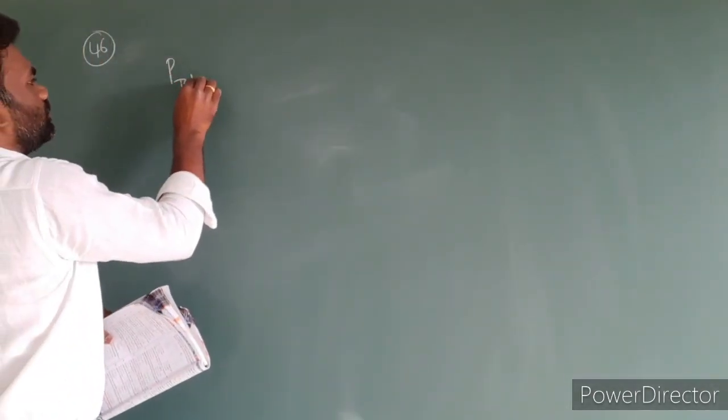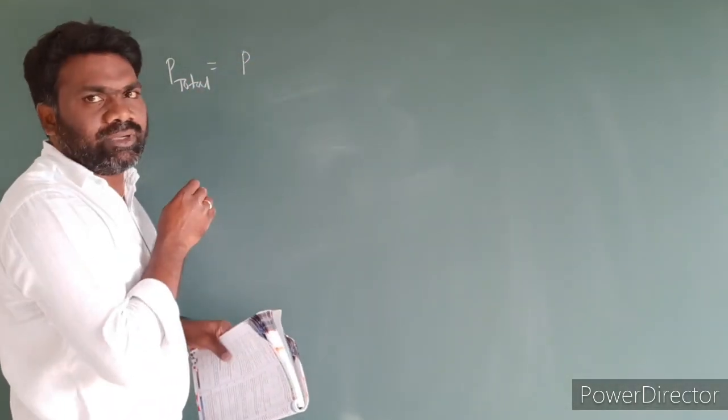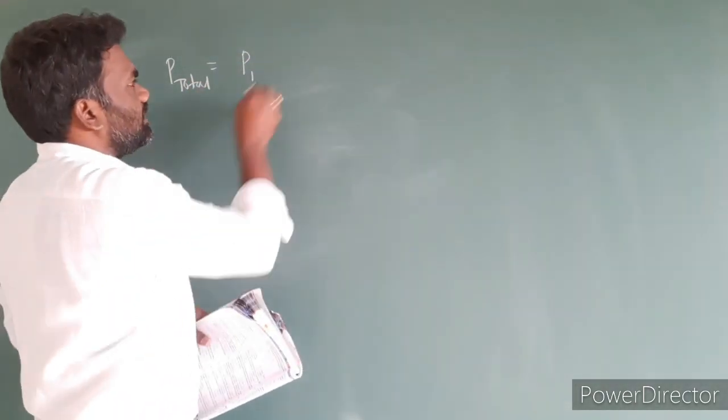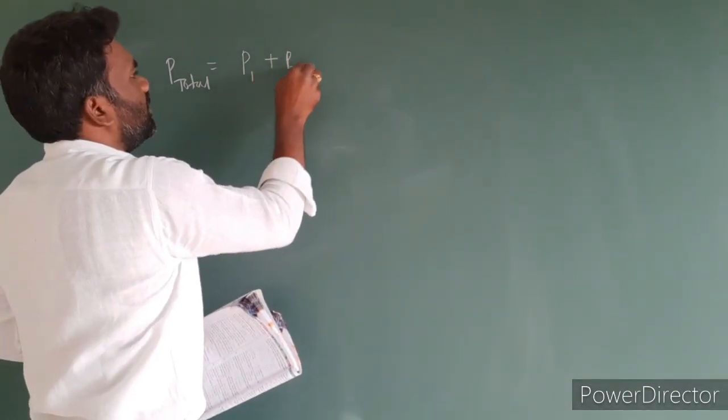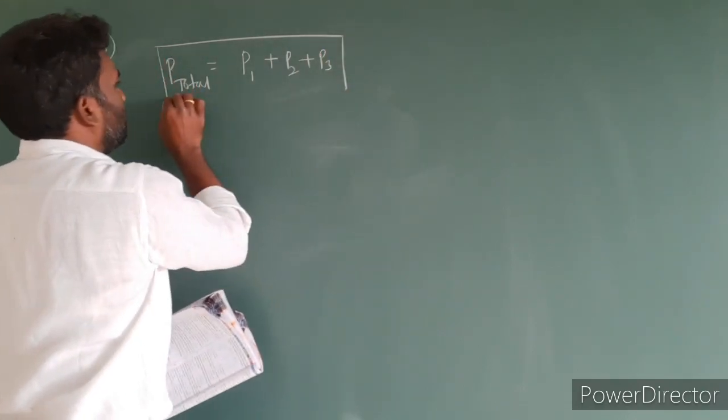Already we know very well that the total pressure is equal to the sum of the partial pressures. If there are three gases, P1 plus P2 plus P3. So this is Dalton's law of partial pressure.